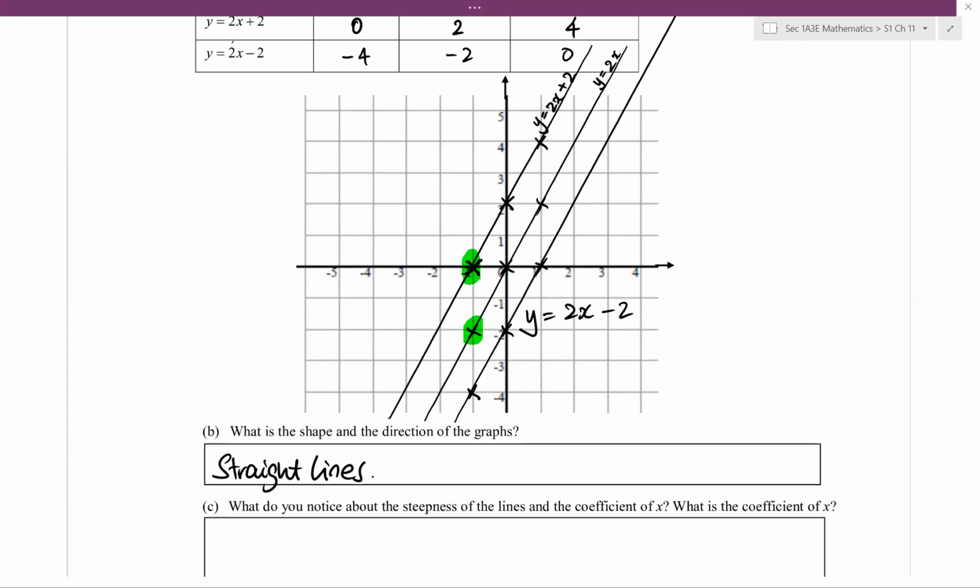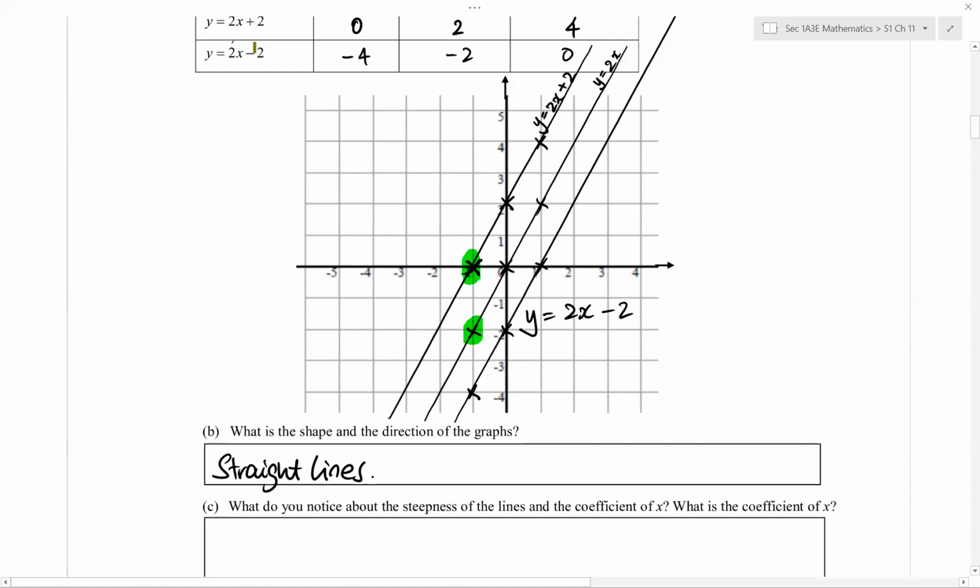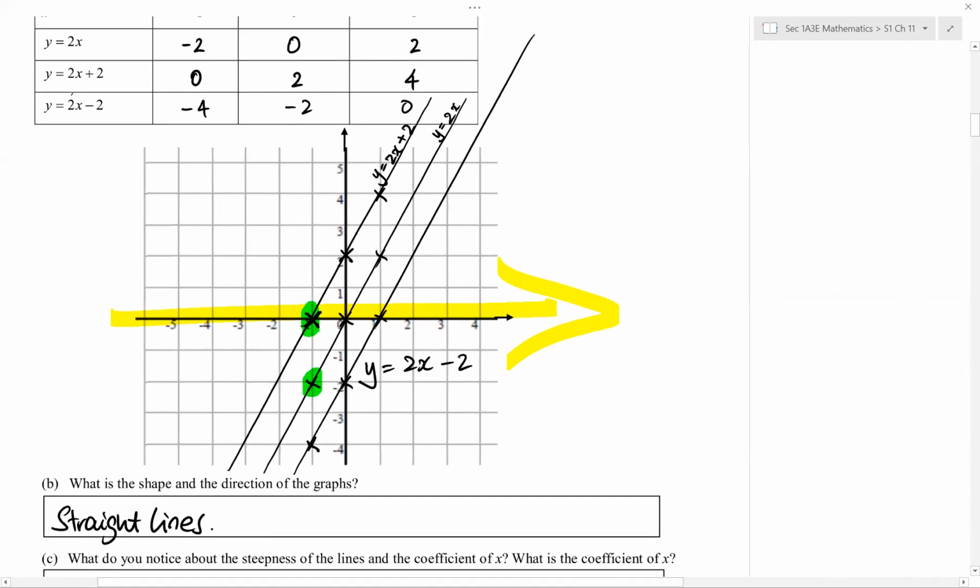Let's start with the first graph, the original graph that we drew. From left to the right, we are actually going diagonally, right? But we say upwards. From left to right, it is actually going upwards. Same for all three graphs.